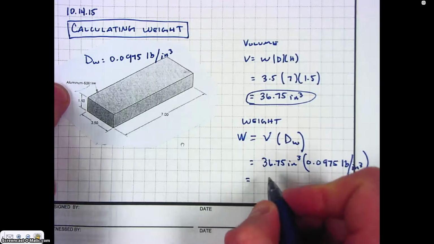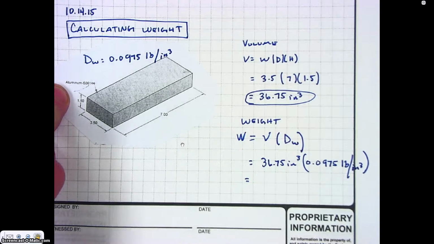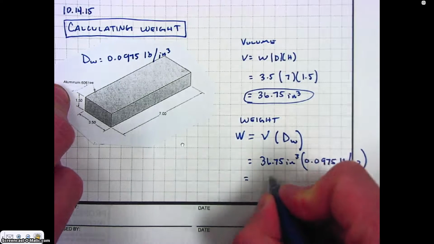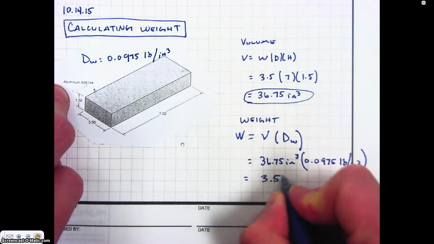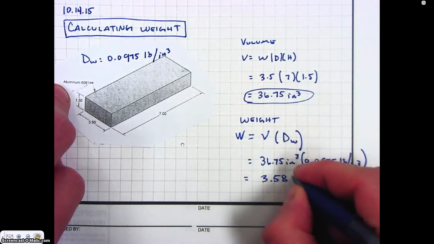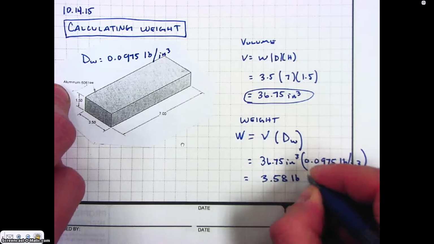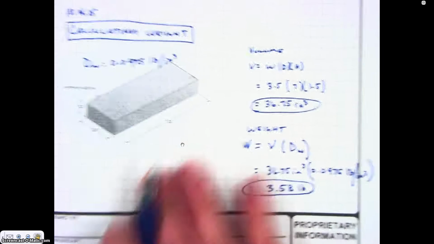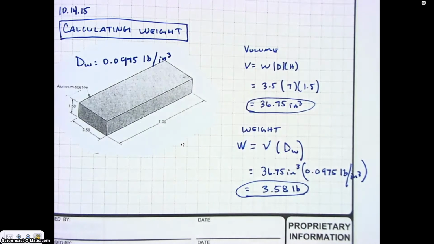Multiply those two things and we get a weight of 3.58 pounds. Inches, cubic inches cancels out, so we're left with pounds. So this block right here, we've just calculated how much it weighs.